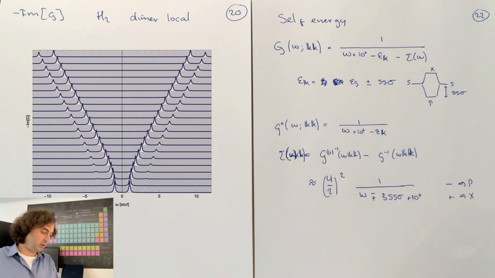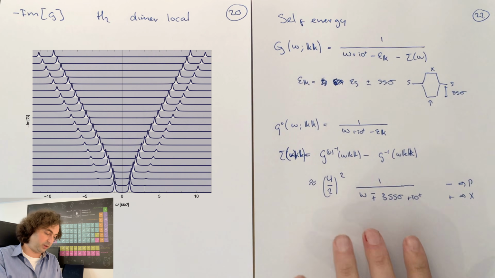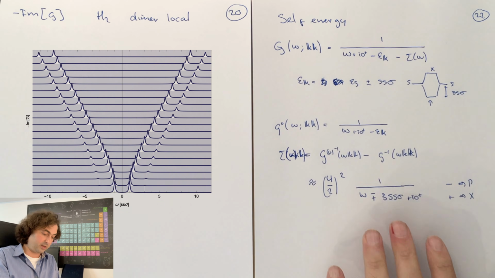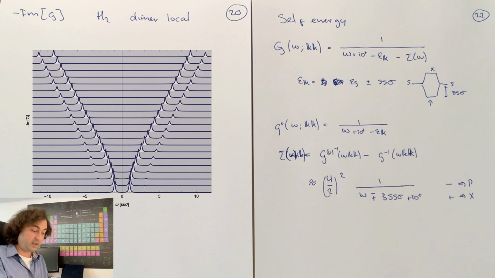And then we have seen that we can relate this to self-energy, and that for the Hubbard dimer, the self-energy actually gets a very simple expression that relates to a response function with a single pole, which has quite a strong momentum dependence in it. We'll later make approximations where we neglect the momentum dependence of the self-energy.